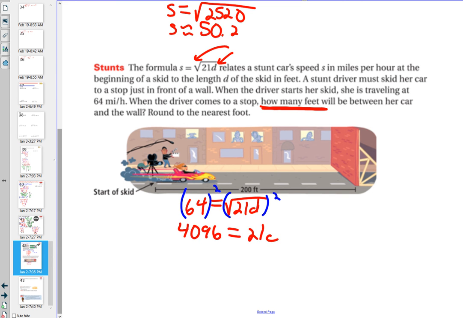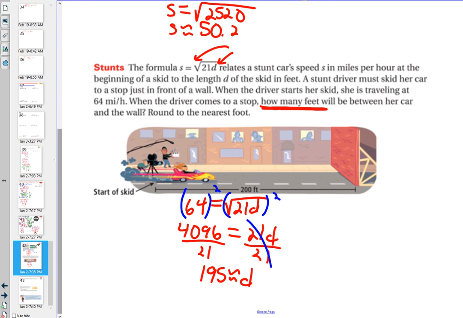And then divide by 21. And then it tells us to round here. It's round to the nearest foot. All right, so what is 4096 divided by 21 to the nearest foot? 195. So 195 is approximately the distance of the skid.